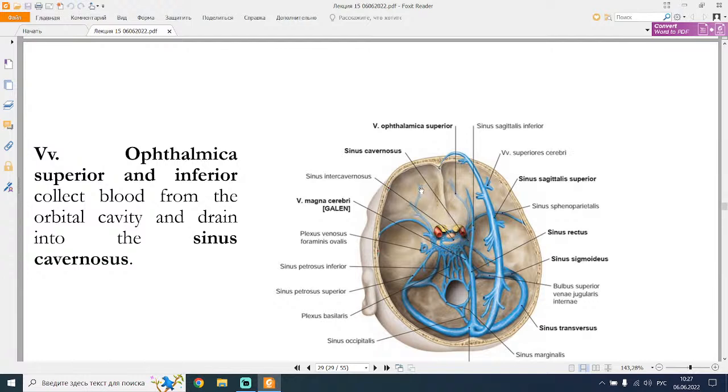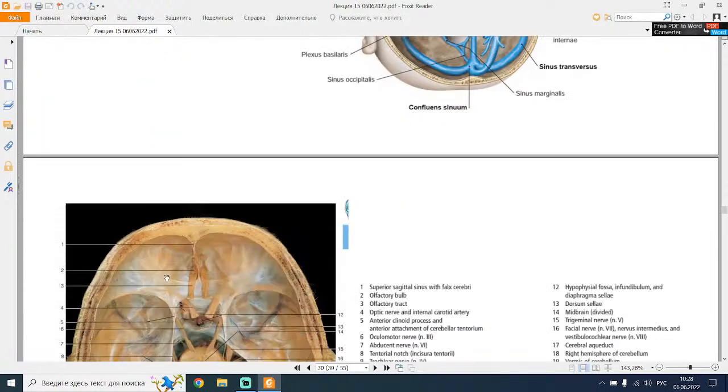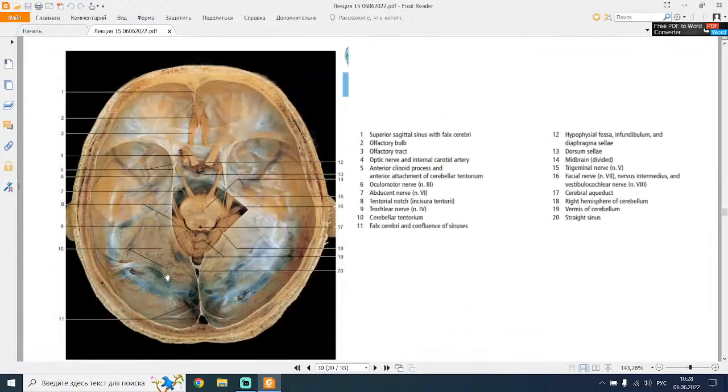Vena ophthalmica, superior and inferior, collect blood into the cavernous sinus. These are the sinuses.